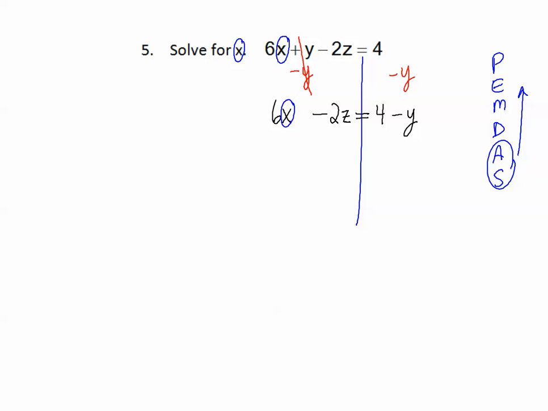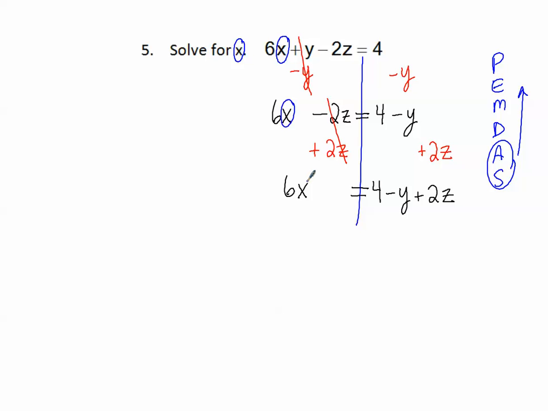I see minus 2z, so I will add 2z. Not z, not z, so write it off to the side, plus 2z. Cross those out, and I have 6x equals 4 minus y plus 2z.